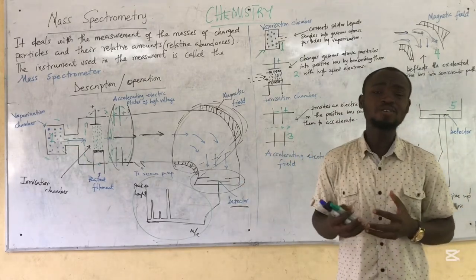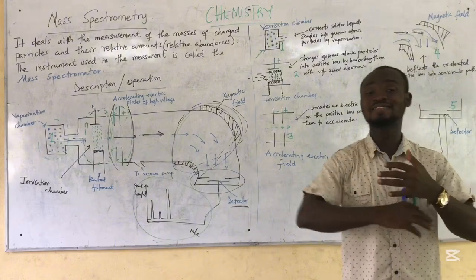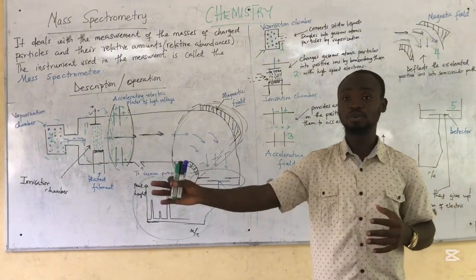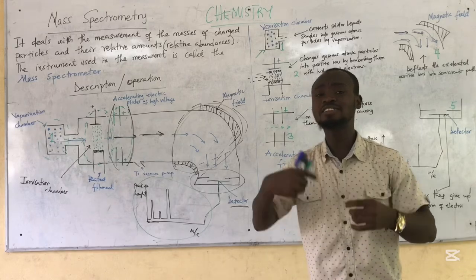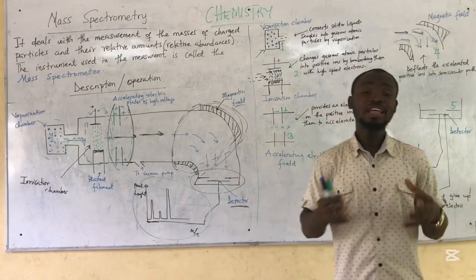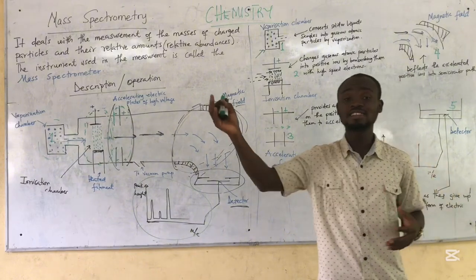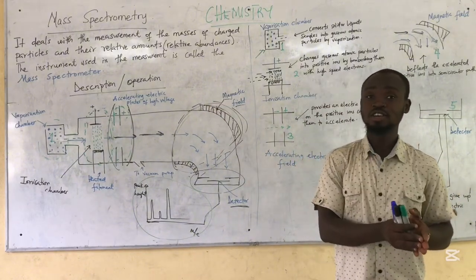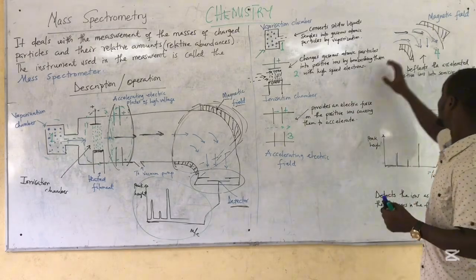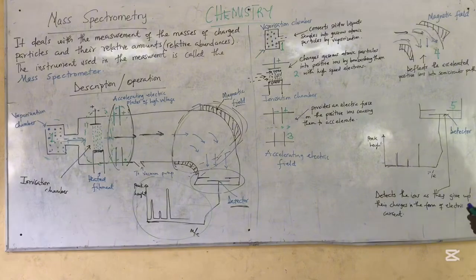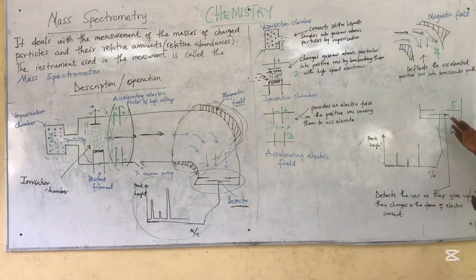These positive ions are then attracted and accelerated by the electric field onto the magnetic field. The magnetic field then deflects these positive ions according to their mass to charge ratio. Lighter ions will be deflected easily compared to the heavier ones. So they are deflected in a semicircular path as indicated in the magnetic field region onto the detector.